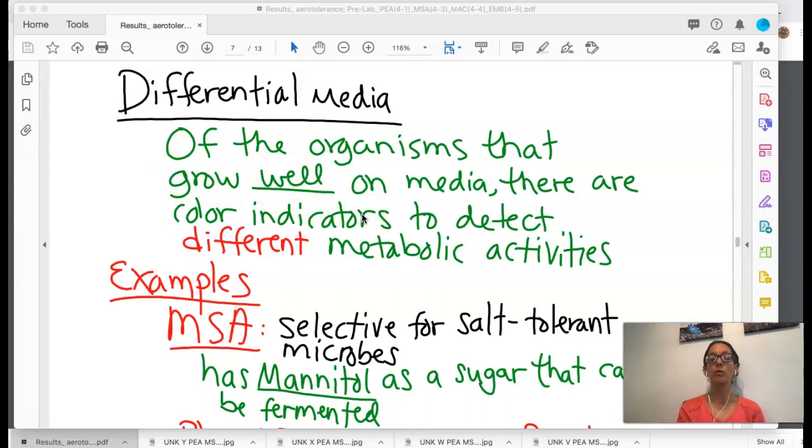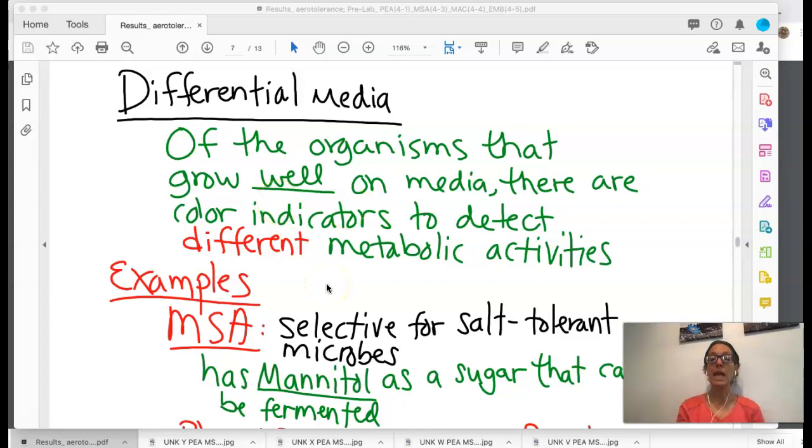So organisms that grow poorly on the media were selected against. We can't really determine anything else about them other than the media inhibited them. And that may tell us something about whether they're gram positive or gram negative, but it doesn't tell us anything about their metabolic activities. You have to have good growth in order to say anything about their different metabolic activities.